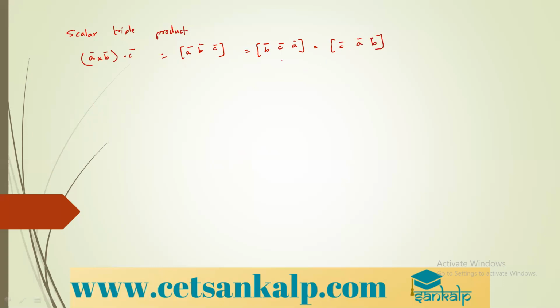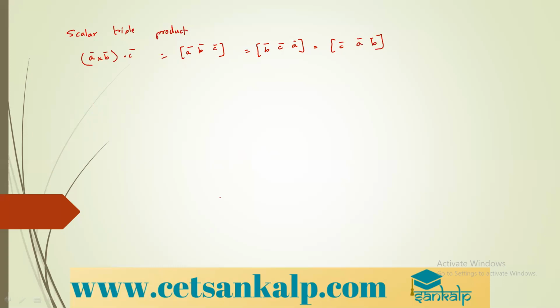So actually the scalar triple product, in short, we are representing as a box. But this box, if written in a particular order, can be treated as equal, but the order should be maintained in a particular way.